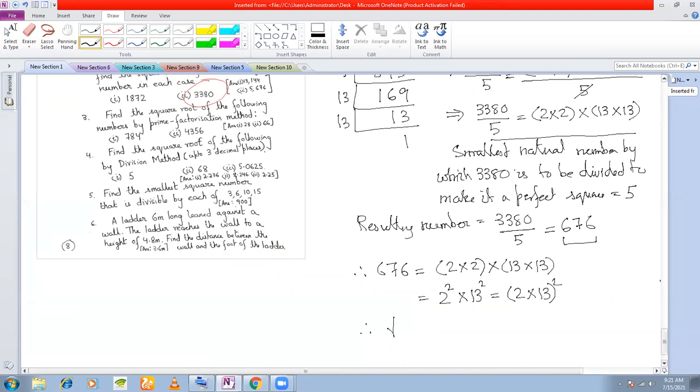So therefore, what is the square root here? Square root of 2 into 13 whole square is equal to 2 into 13, which is equal to 26. And that is the square root of the resulting number. Clear with this?